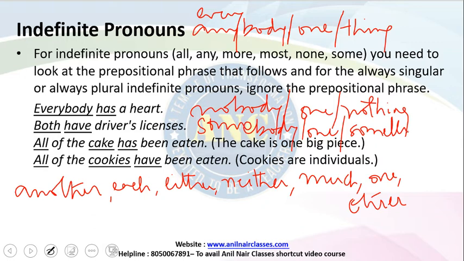These are all your indefinite pronouns that are always singular. If you remember them, it will be very easy to understand if the verb should be in its singular form or its plural form.